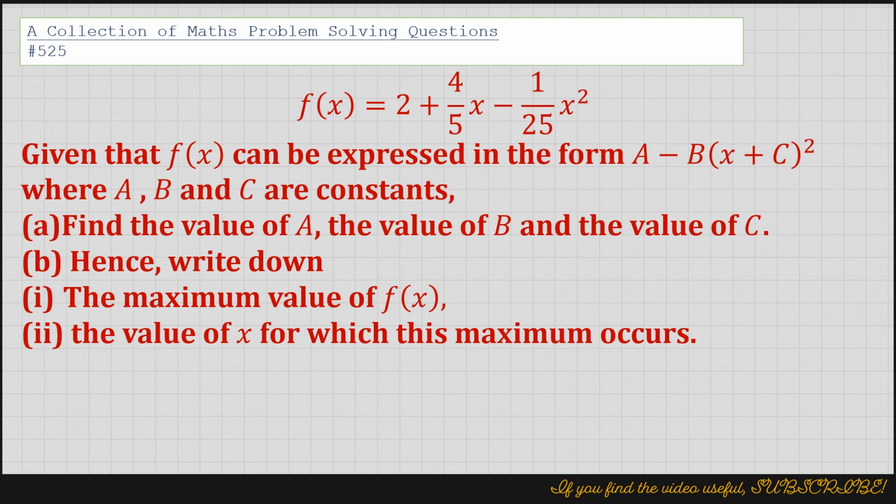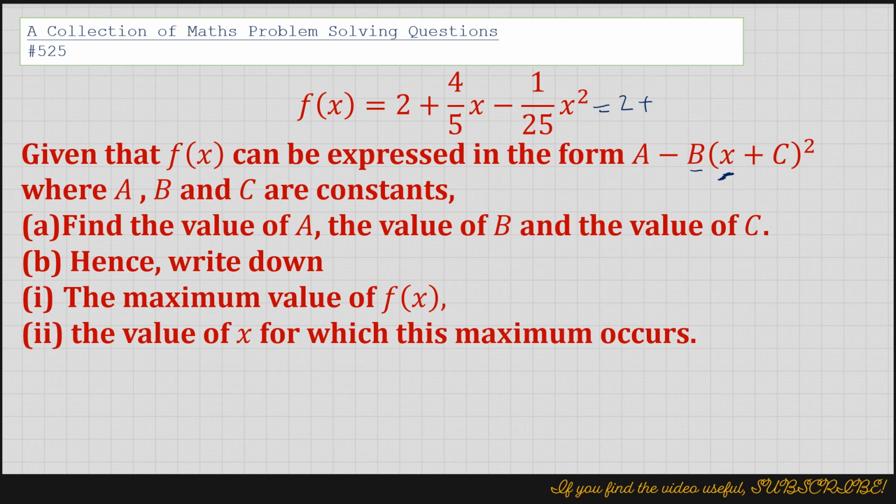So we start with the given function, of course, and then we can rewrite this. 2 we leave as it is, and then plus, we have to put it in the form b times x squared, so the term with x has to be on its own.